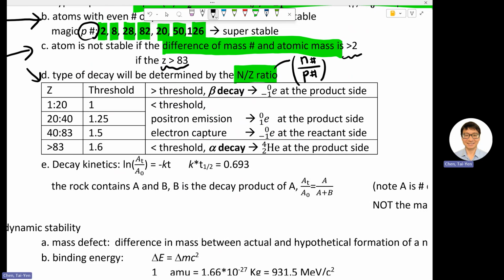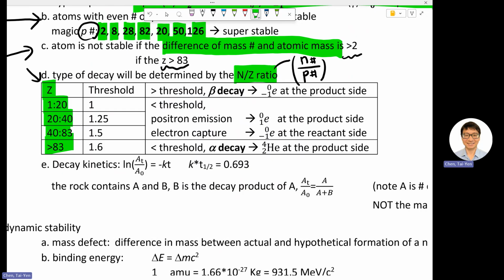Depending on your Z, here you can see that I group these into 4 different groups: 1 to 20, 20 to 40, 40 to 83, and larger than 83.